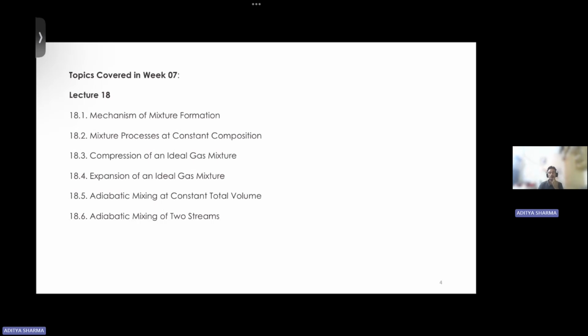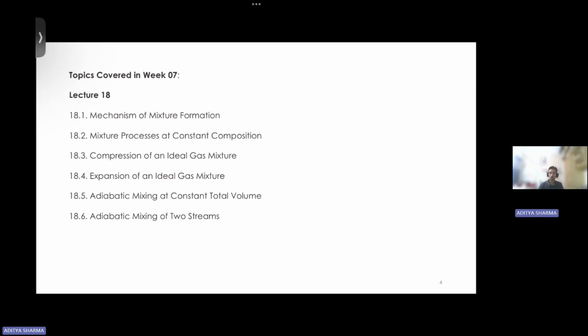So one important point to remember is that when mixing takes place, it's an irreversible process. Okay? And because it's irreversible, there is entropy production in that case.